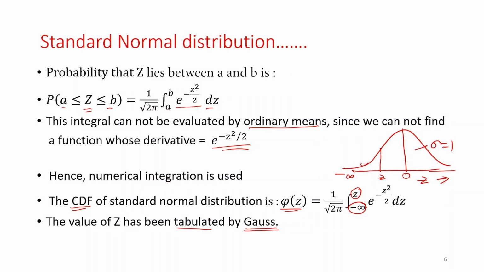So from this side, this is giving minus infinity to z. This is the area which has been found out numerically, and these values have been quoted in the form of a table. And that is known as the standard normal distribution table.